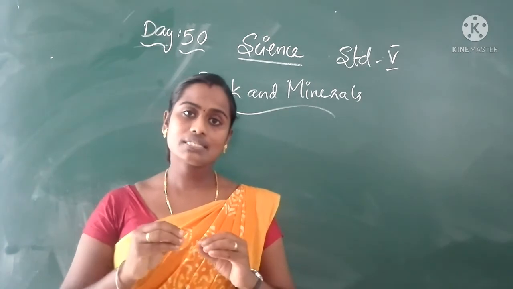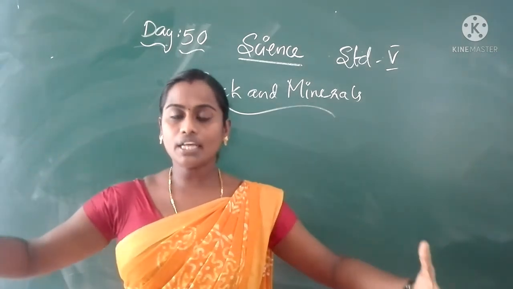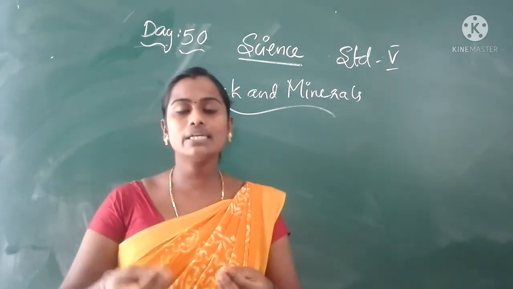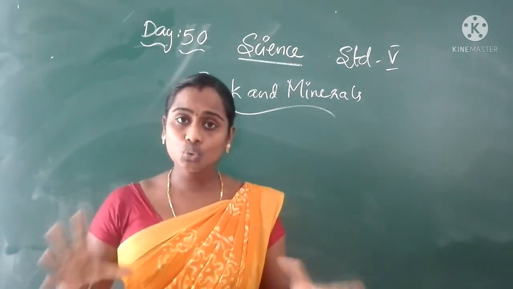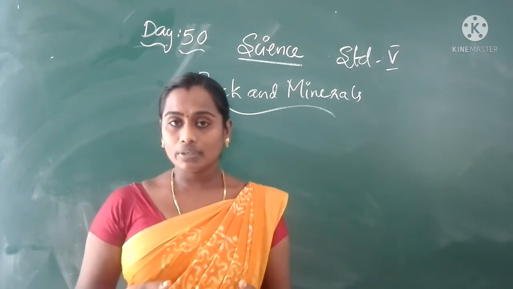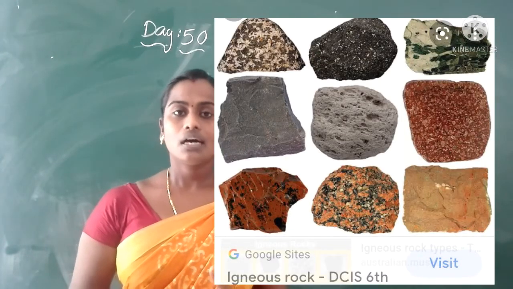When the volcano erupts, the lava falls in all directions, and then it cools and becomes very hard. The lava of the volcano cools and hardens, and the igneous rocks are formed. So how are igneous rocks formed?